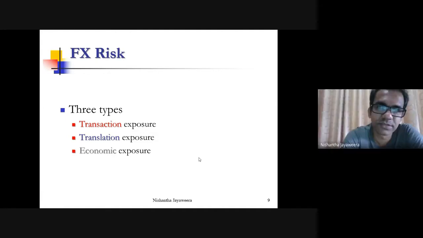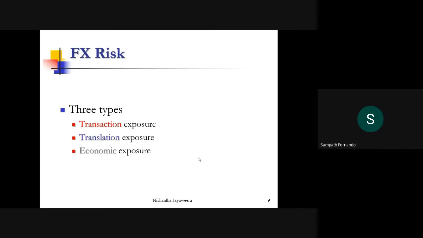My question is, when two parties enter into a transaction to buy or sell two currencies, yes, they agreed to buy or sell at a future date.